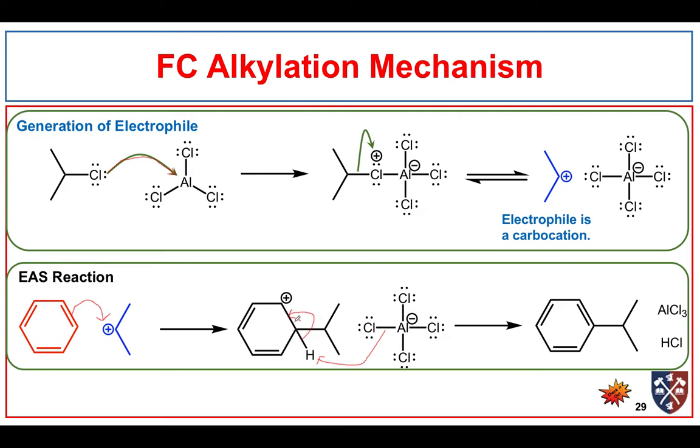We reform the carbon-carbon double bond, and that reforms the aromatic system. We get a re-aromatization that drives this reaction to completion. We also regenerate our Lewis acid catalyst, and a protic acid is a byproduct.